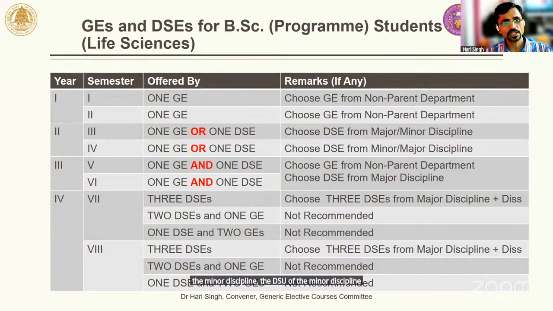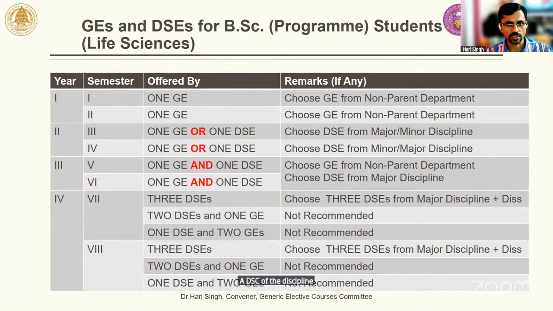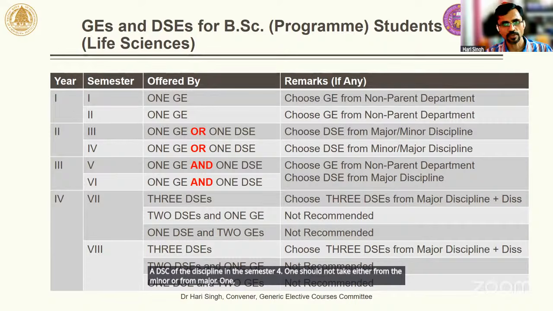If a student takes the minor in semester 3, then he should take the DSC of the major discipline in semester 4. One should not take only minor or only major in both semesters. In one semester it has to be from the major discipline, in the other from the minor discipline. You interchange the third and fourth.